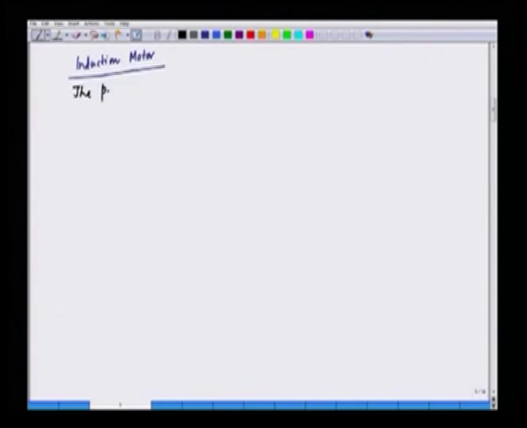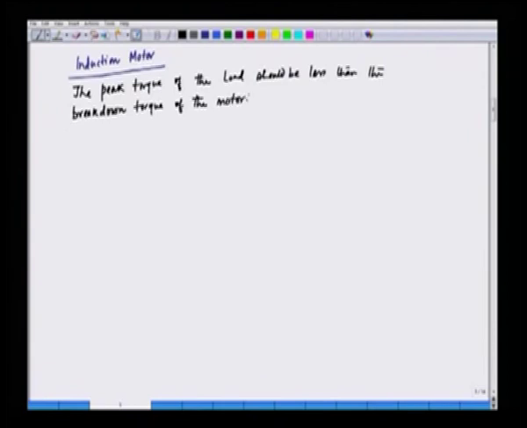The peak torque of the load should be less than the breakdown torque of the motor. The peak torque of the load should be less than the breakdown torque of the motor.